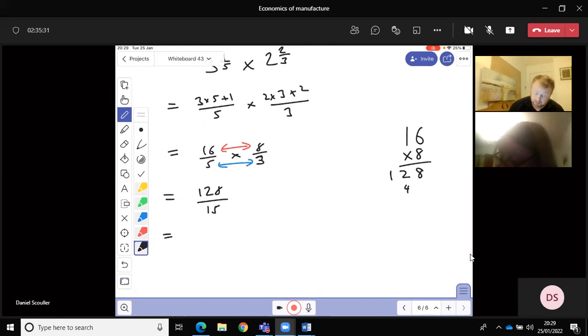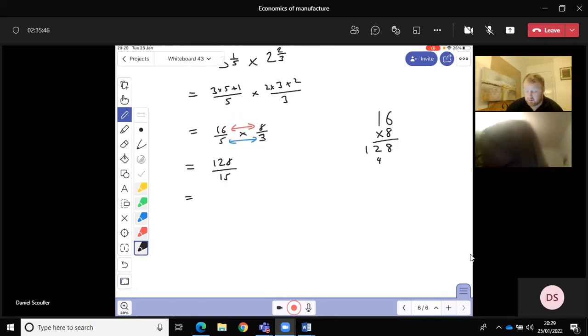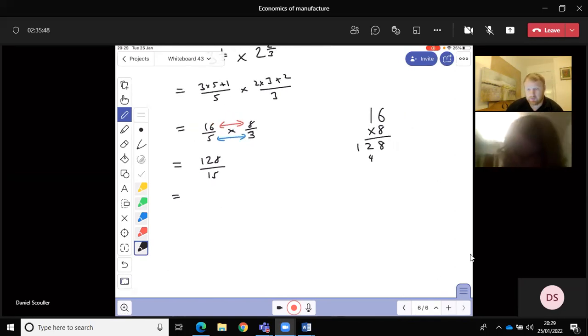Similarly, it's not a particularly nice one. 15 into 128. We know 10 times 15 is 150. That's the easiest multiplication we can do with any. If you're comfortable, you can do 15 times 10 equals 150, and then work backwards.